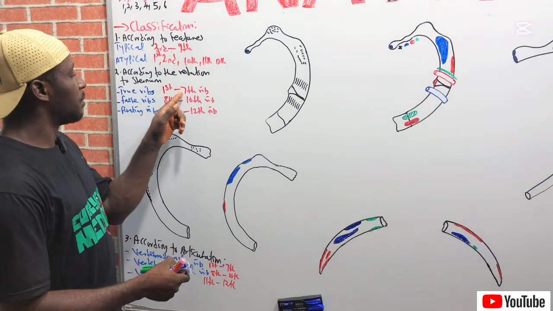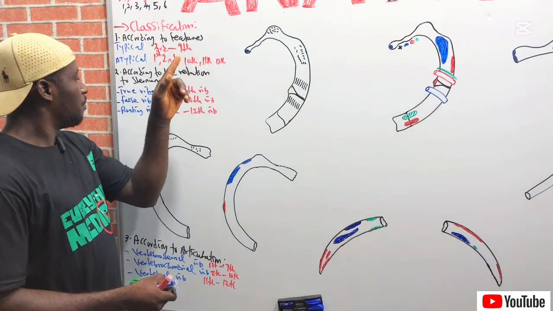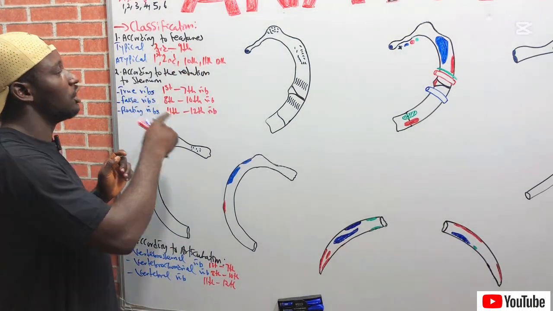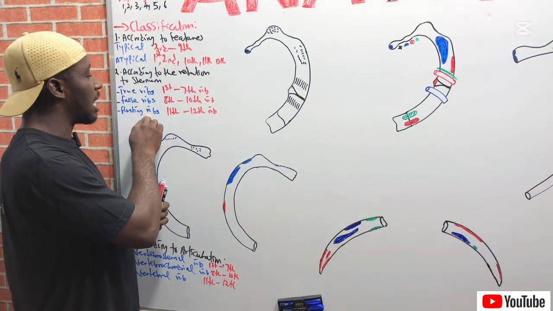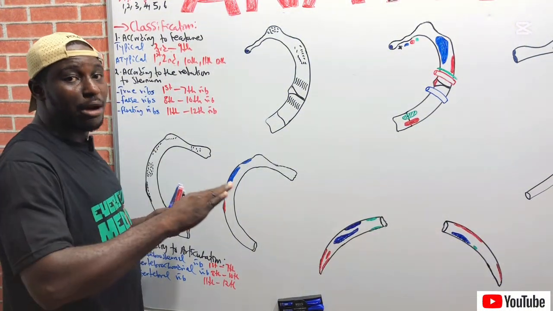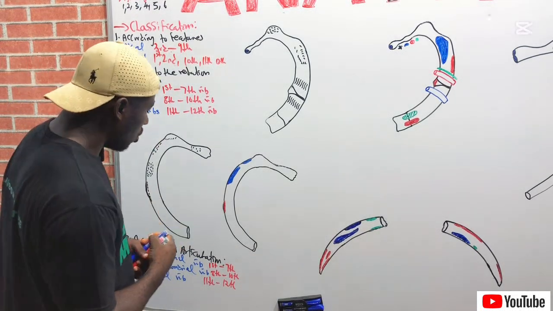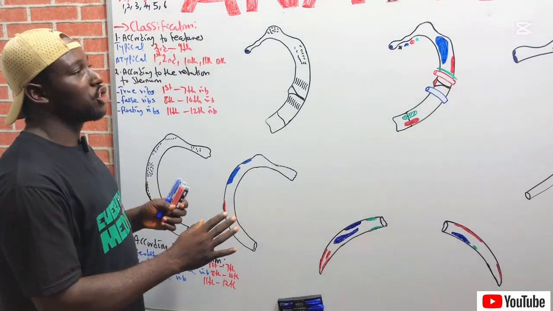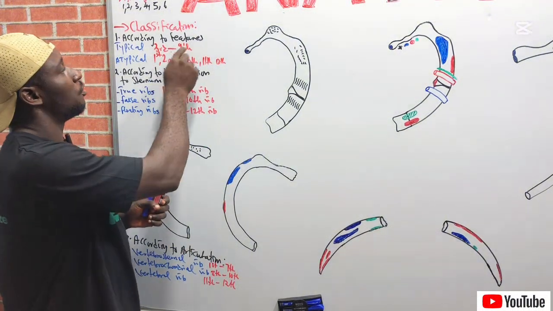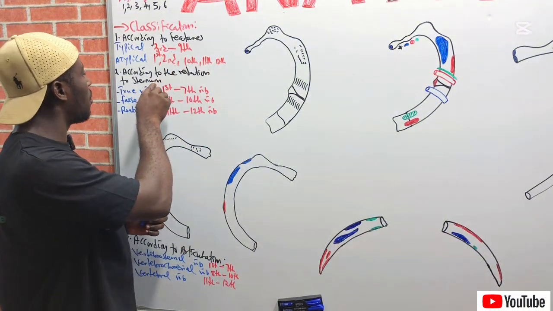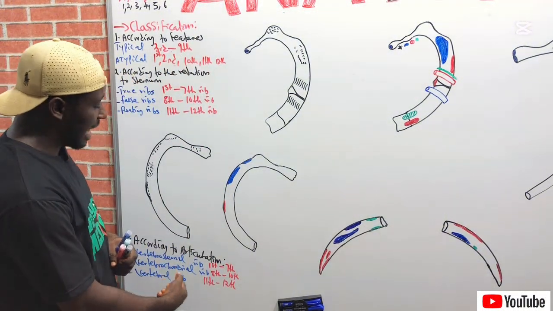You have to understand again that the true ribs can be called the upper ribs. The false ribs and the floating ribs can be called the lower ribs. That is how they are fashioned also. So that is the classification of ribs. We have the classification according to features, according to relation to the sternum, and according to the articulation.